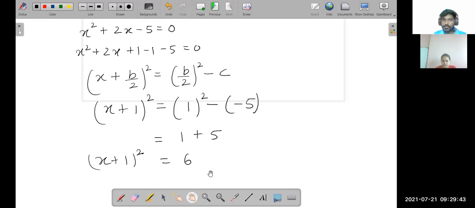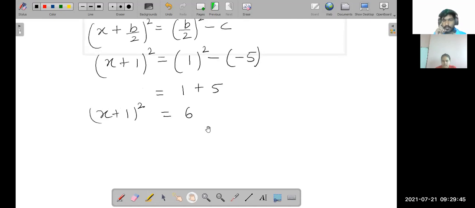What to do now? x plus 1 equals 6, so x equals 6 minus 1, so x equals 5. No, you're forgetting this square. You have to remove this square. It is x plus 1 whole bracket square.